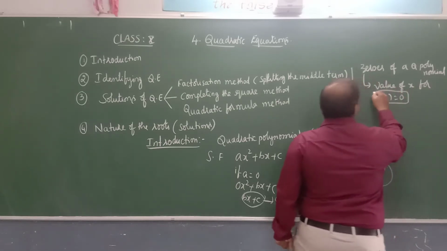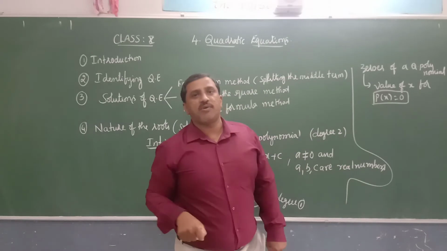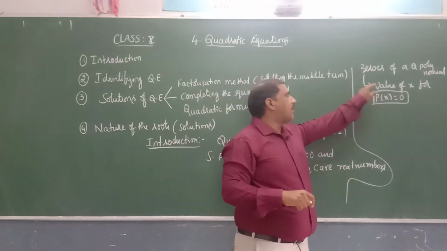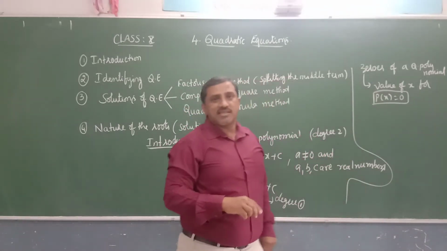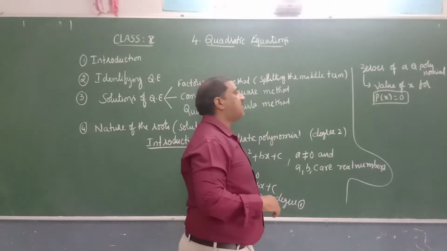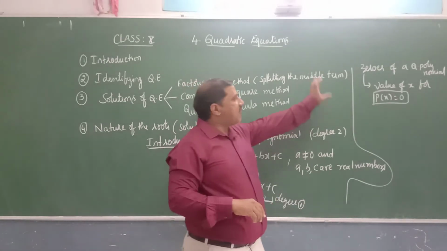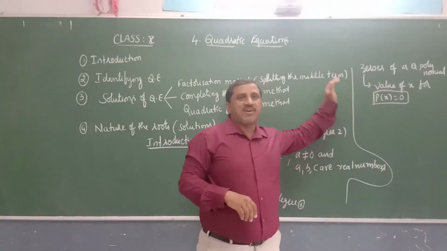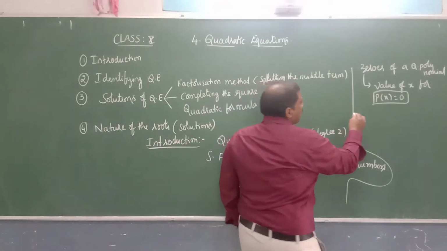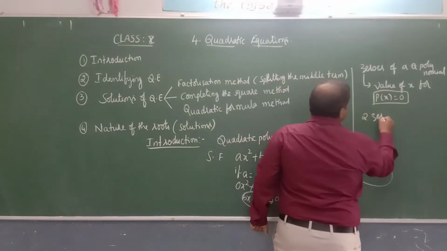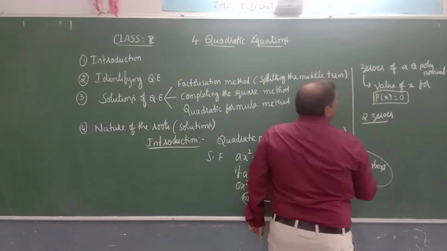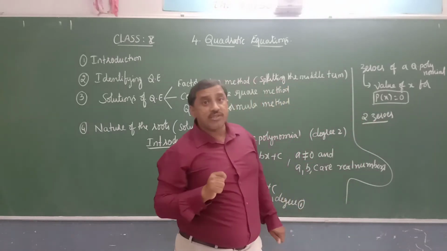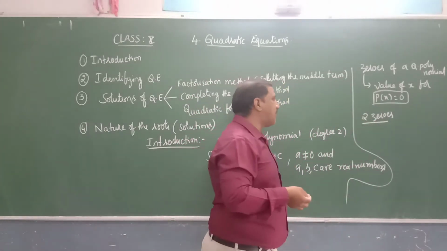We also studied that for a quadratic polynomial, at most 2 zeros will be there.